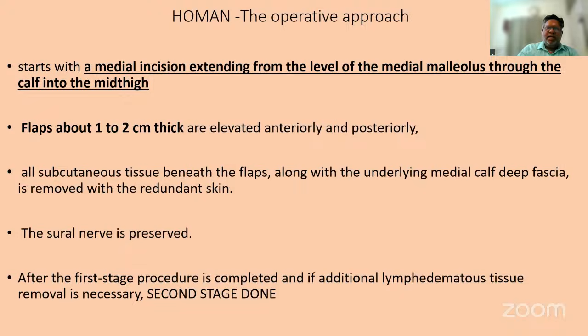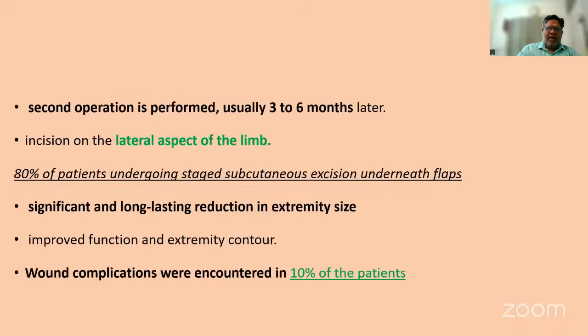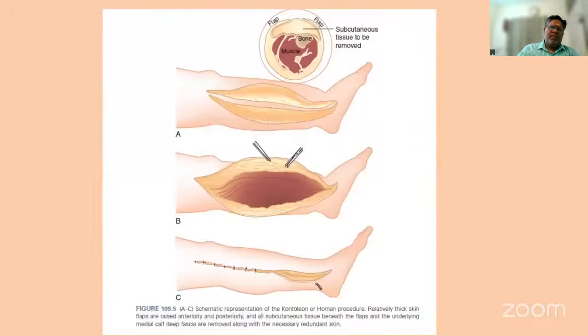A second stage is done if further edema is there, usually 3 to 6 months later on the lateral aspect of the limb. 80% of the patients undergoing this excision have long-standing good results, improved function and extremity contour, and wound complications were seen only in 10%. So this is Homan's procedure, previously called the Kondoleon procedure.